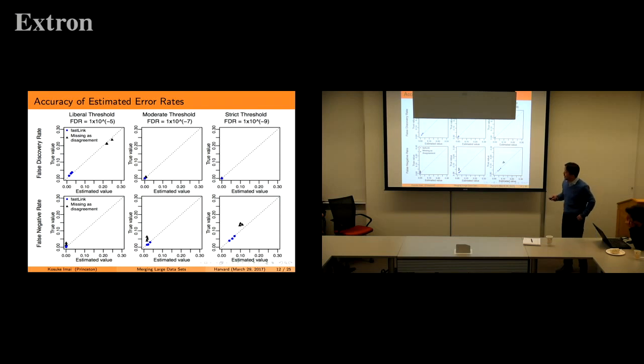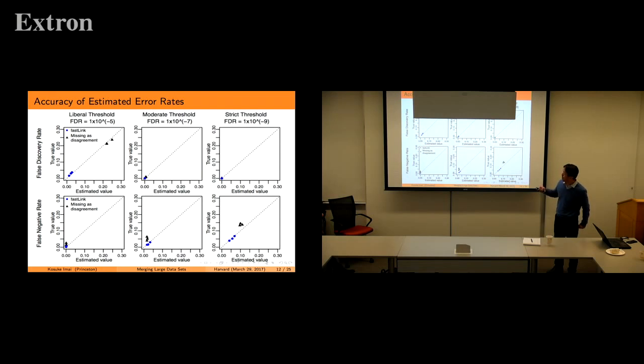Another thing I think is interesting is that you might think these estimates of false discovery and false negative rates aren't that accurate, but what we found in our simulation is that they're pretty accurate. Here, because it's a simulation, we know the true false discovery rate, and we plotted that against the estimated false discovery rate.